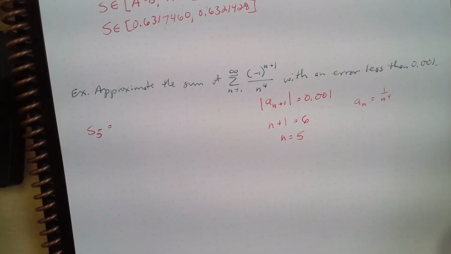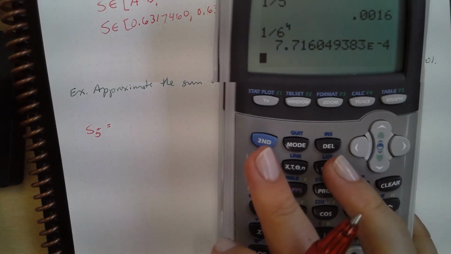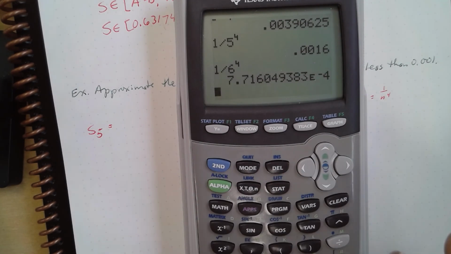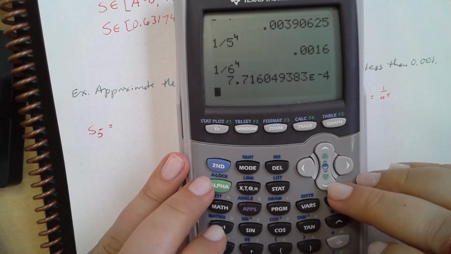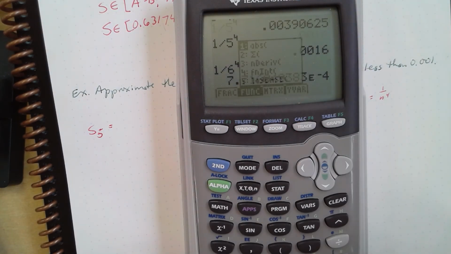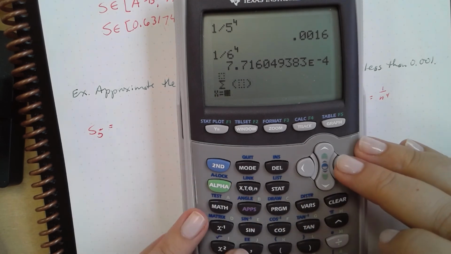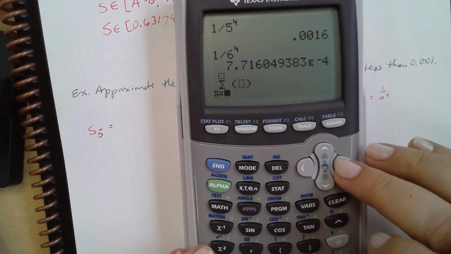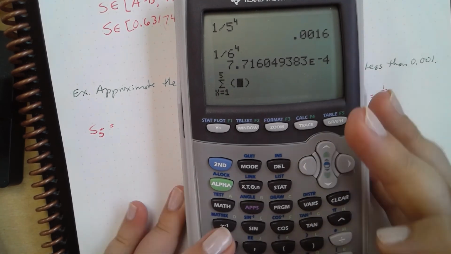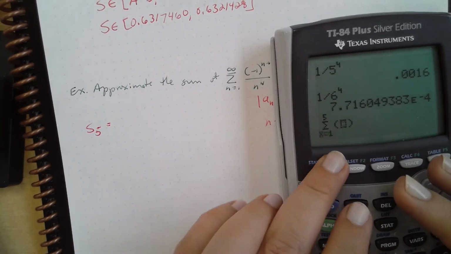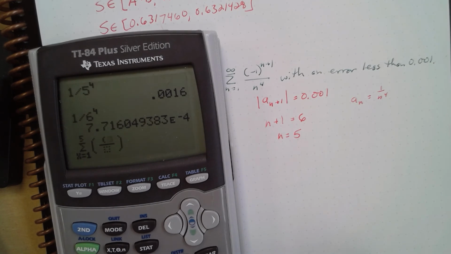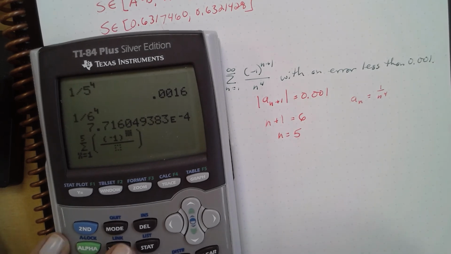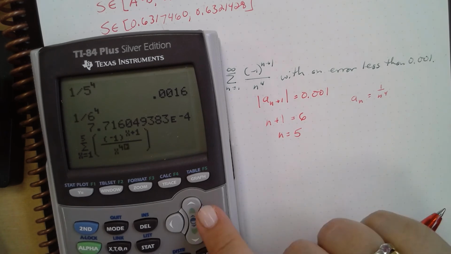So S sub 5 is going to equal, and I'm going to use my calculator again. So math window, second quit. Alpha window, 2x 1 to 5 of alpha y equals, and I have negative 1 to the x plus 1 over x to the fourth.